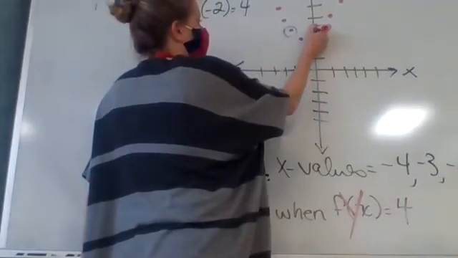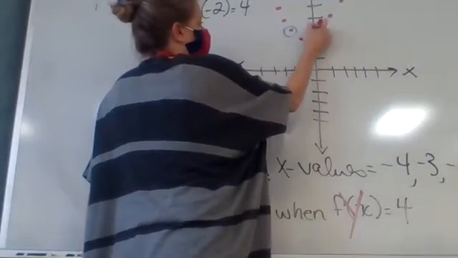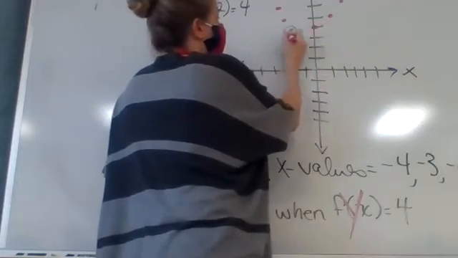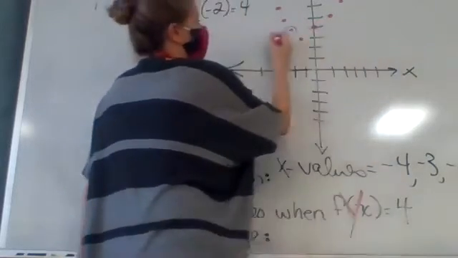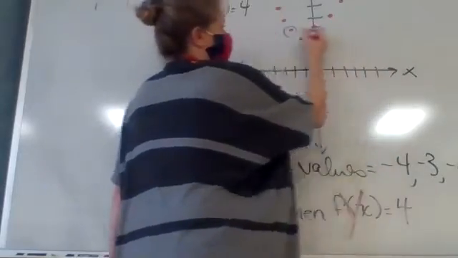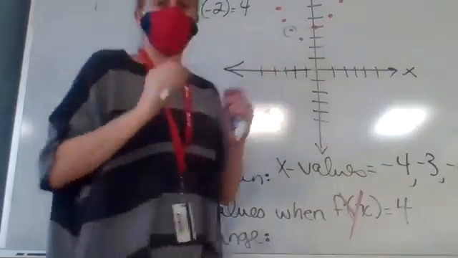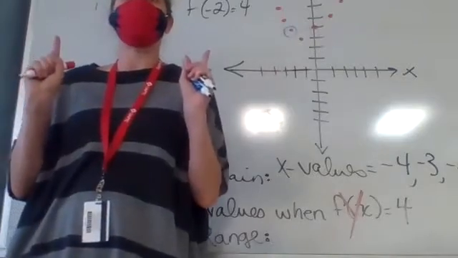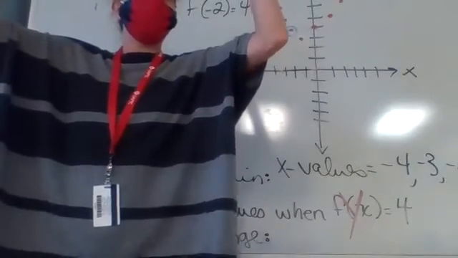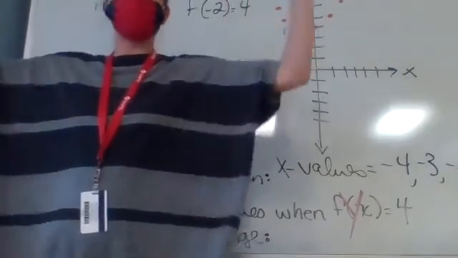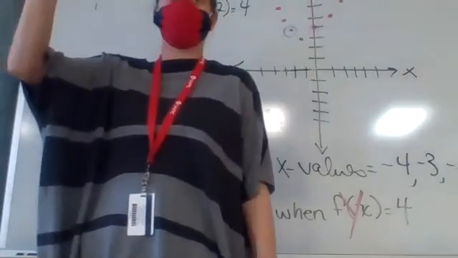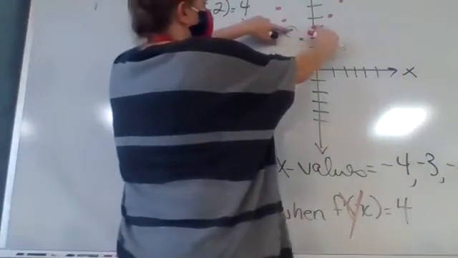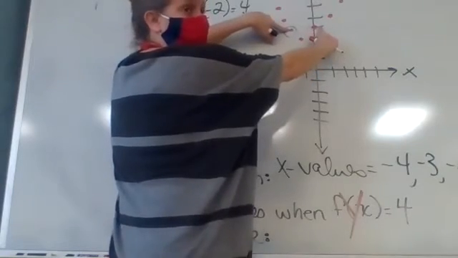So here's up 4. There's actually 2. If you are on that real faint line that I just drew, that means you have gone up 4. There's 2 points that are up 4, aren't there? These 2 points are both up 4.